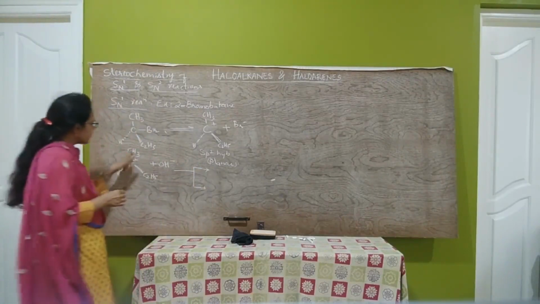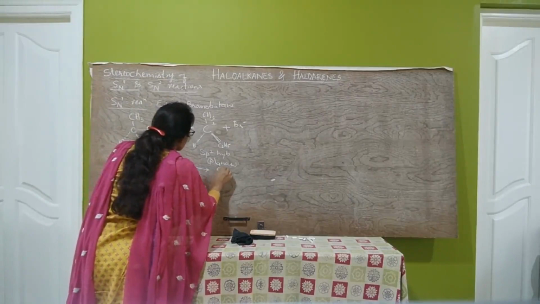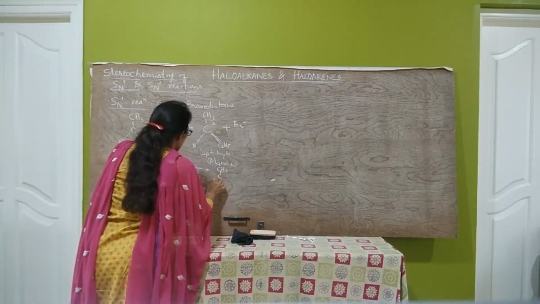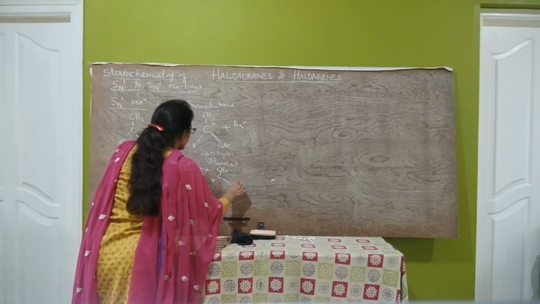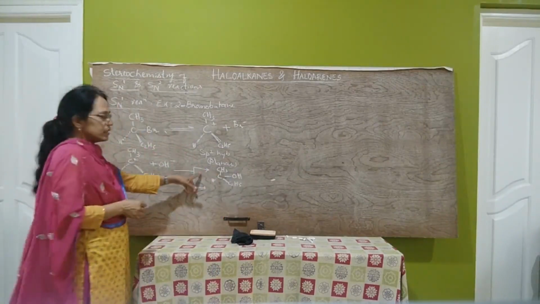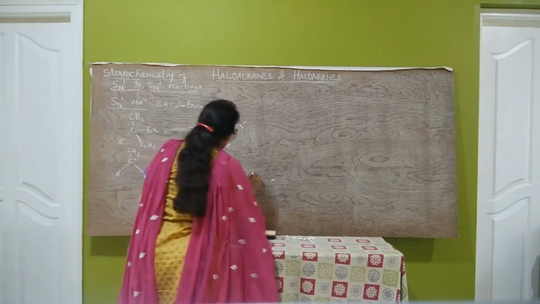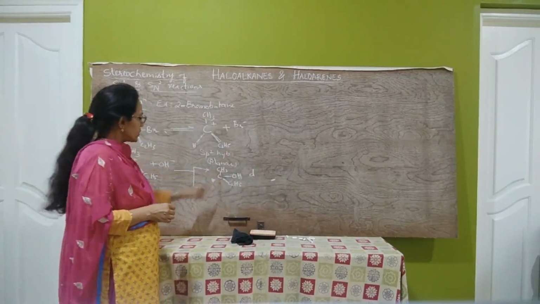If it attacks from the front side, the compound formed is CH3, C, H, C2H5, OH, with OH attacking from the front side. This is the D form, that is D-butan-2-ol is formed.